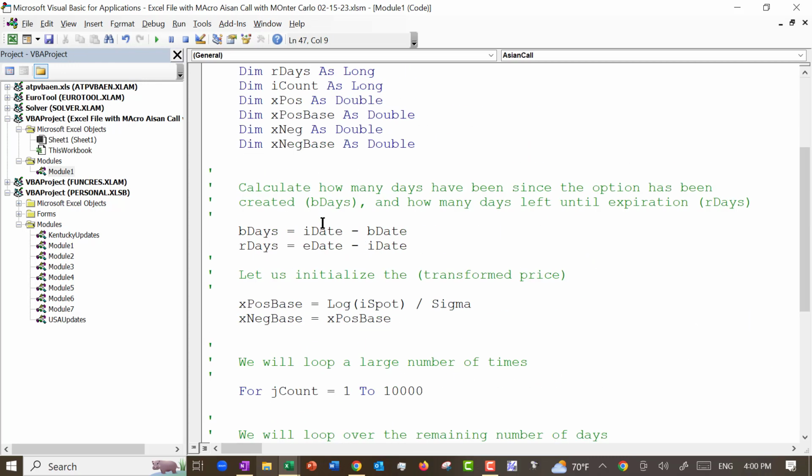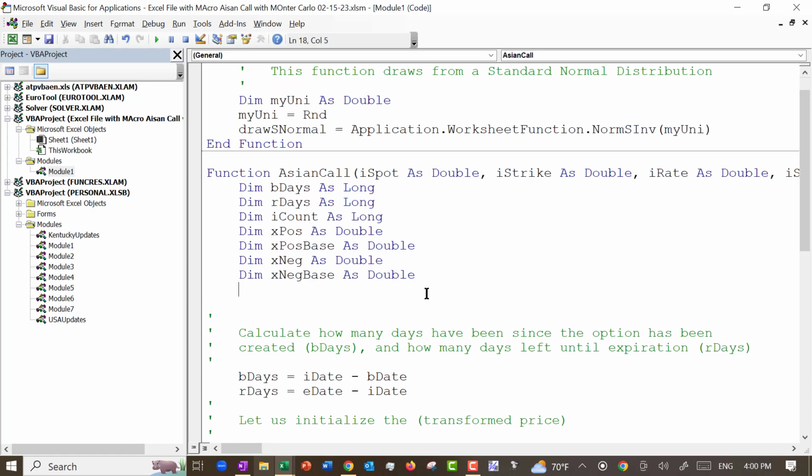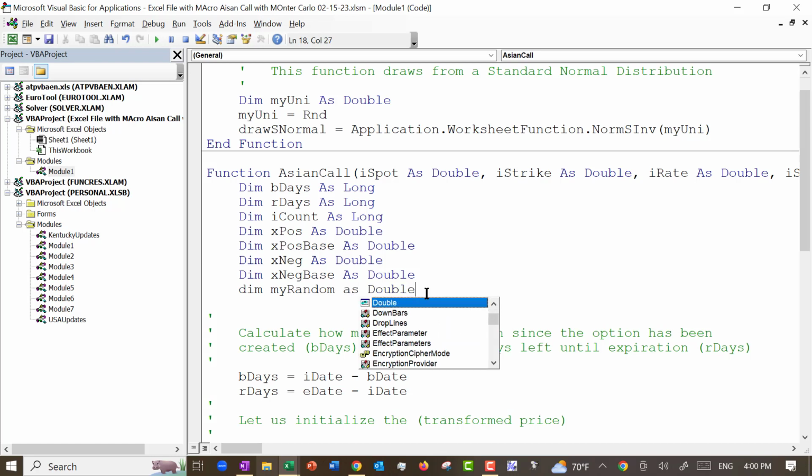So let's do this. Dim my random as double, or let's make that I random.